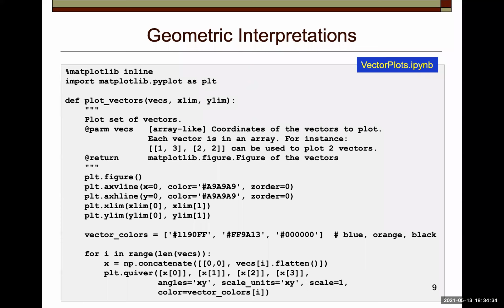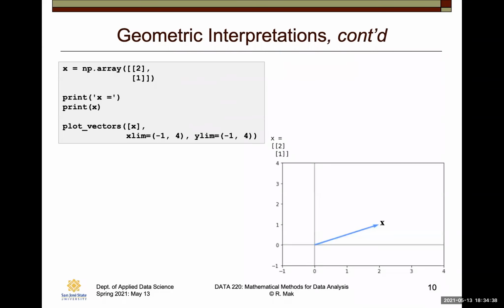I've uploaded this code, and you're welcome to use it however you like. But here is a vector, 2, 1. So x is 2 and y is 1. There's our vector x.